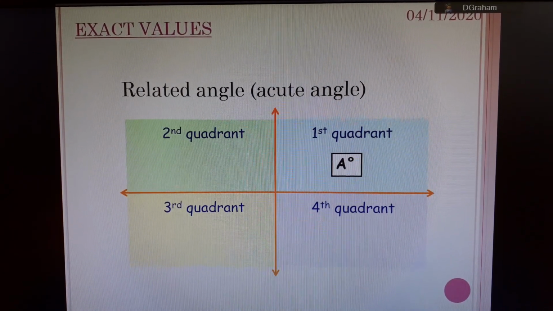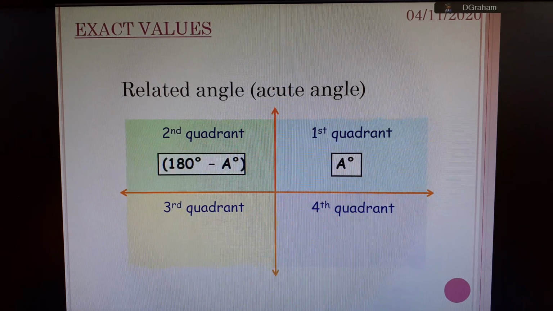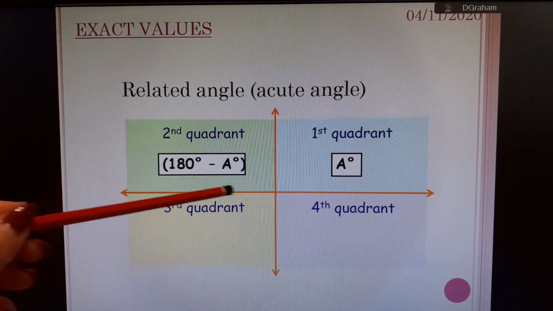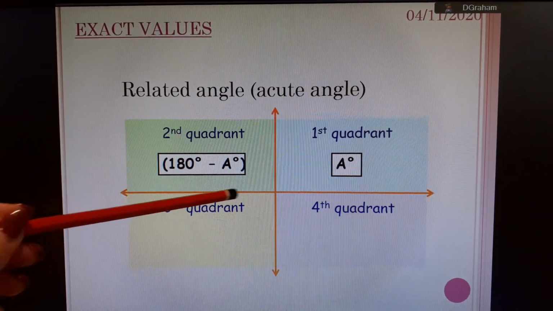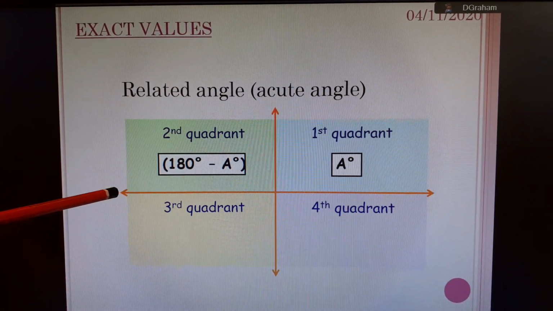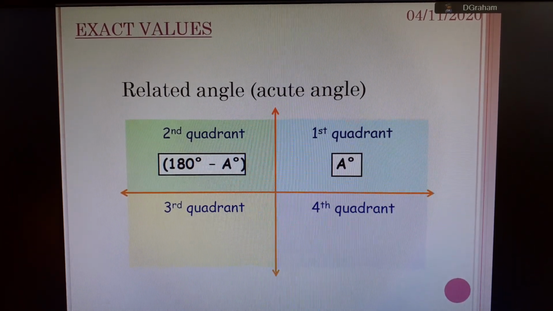That's the angle that you'll get when you use your exact value triangles. The second quadrant would come from doing 180 minus that angle. The 180 line is this line here. That's why we're going to be looking at the angle that the line of the actual angle makes with the horizontal line, because this line is 180. So 180 minus the angle will give us our angle that we're dealing with.